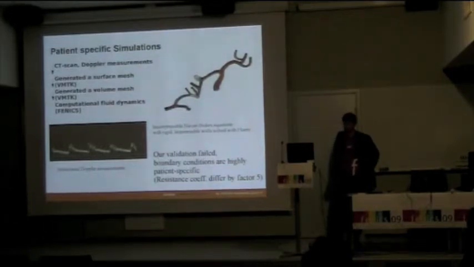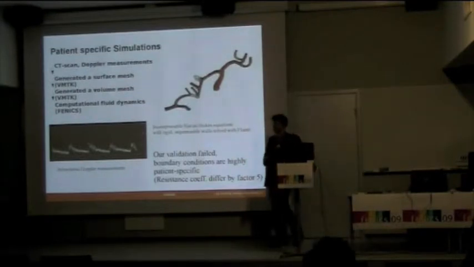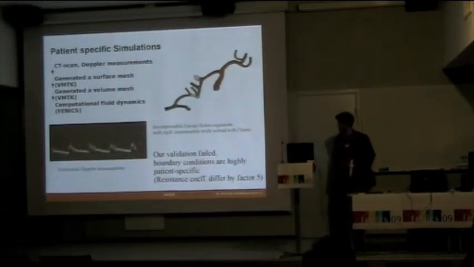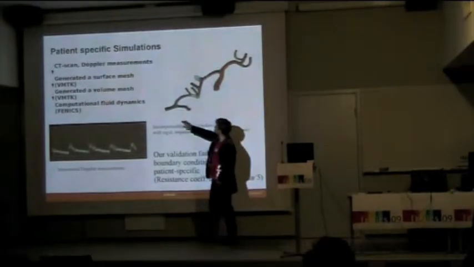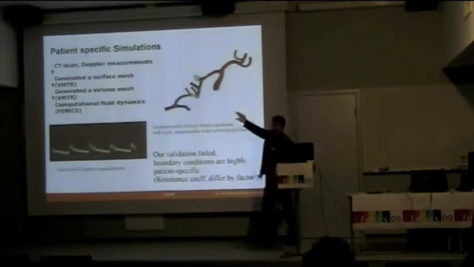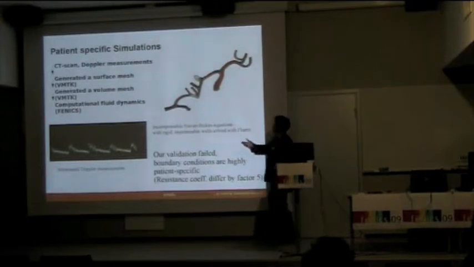Basically suggesting that we need patient-specific boundary conditions as well that are available with intracranial Doppler. They don't typically use that during their assessment of risk, but they use it after surgery to check whether the patient has any reaction to the surgery. But basically what we found was that instead of using off-the-shelf boundary conditions like resistance boundary conditions, we have to modify the conditions here.